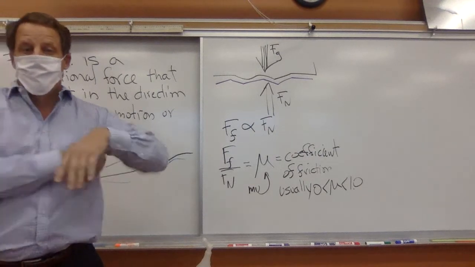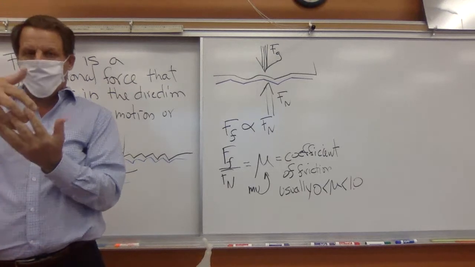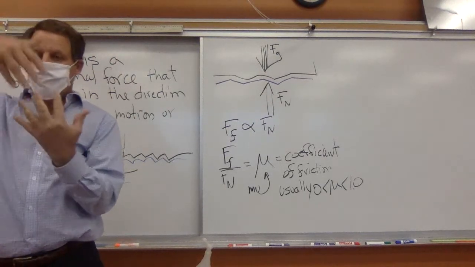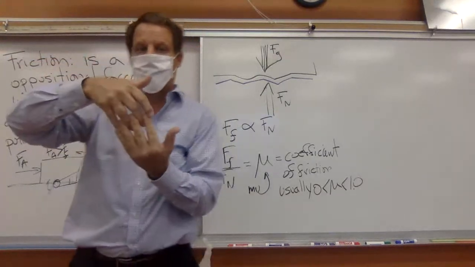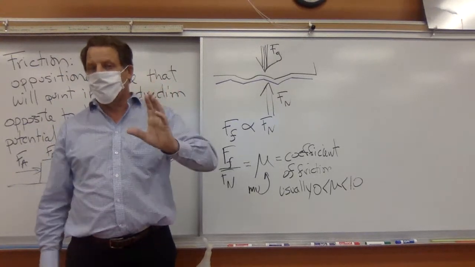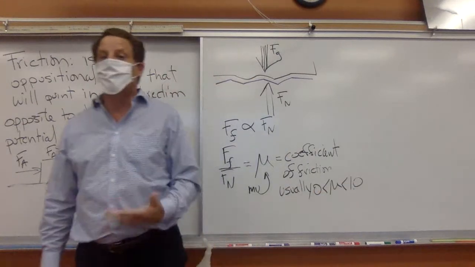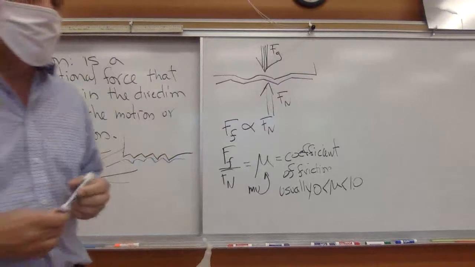You can get rubber tires that are squishy enough and yet strong enough to intermesh with either concrete or asphalt, so that you can get a much greater grip, and that would give you a coefficient of friction that would be greater than 1.